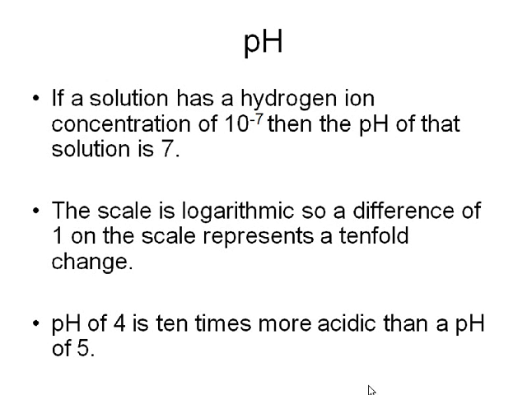If I want to write it out longhand, it looks like this. That's 10 to the negative 7th written out long form. Is that a lot of hydrogen ion concentration? No, that's not a whole lot of anything, okay?